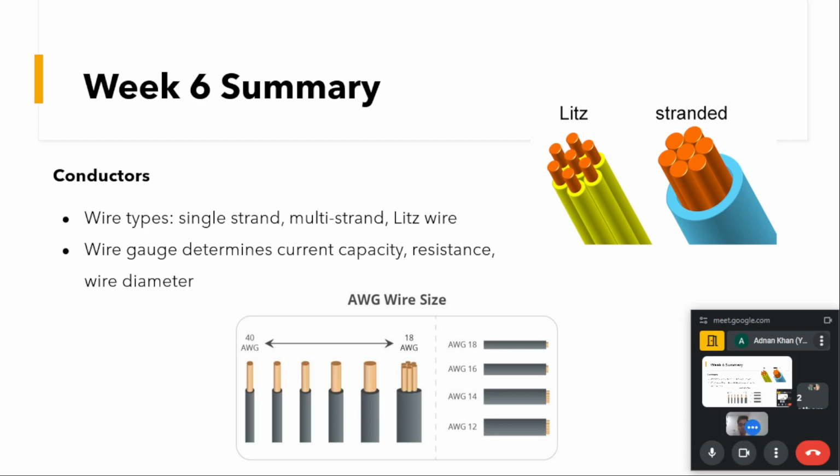But for a higher amount of current, as the area of cross section increases, it becomes very difficult to bend or make a turn of this conductor. So we have the multi-stranded wire. If you can see in the top right corner, we have multiple strands put together with a common outer insulation.